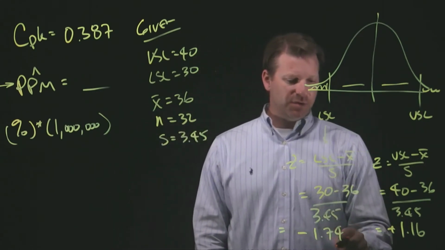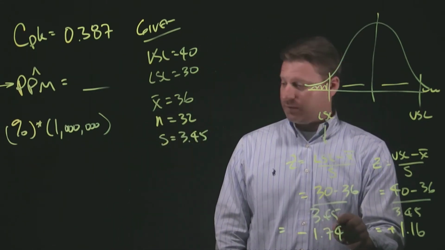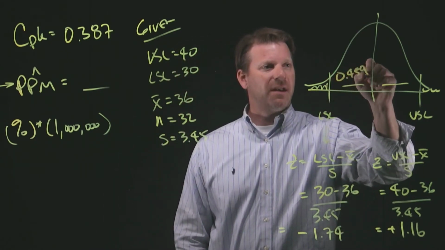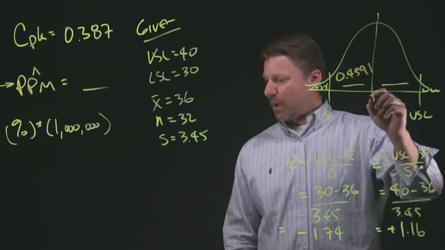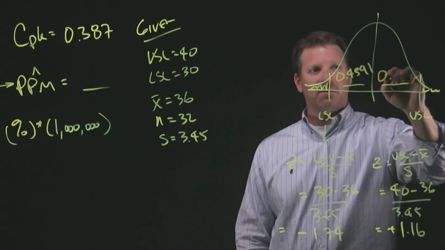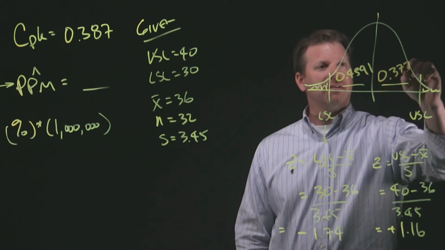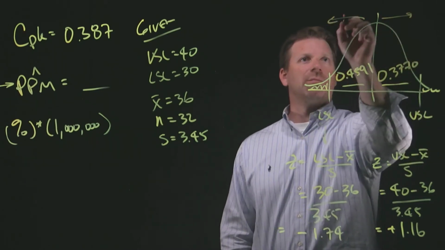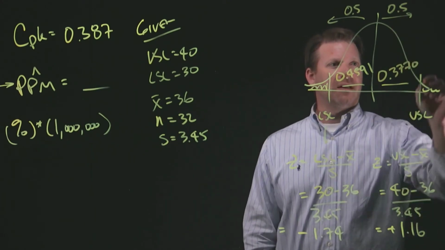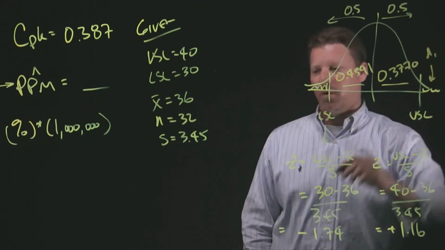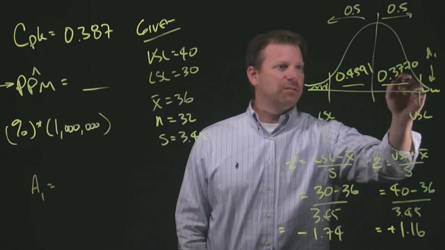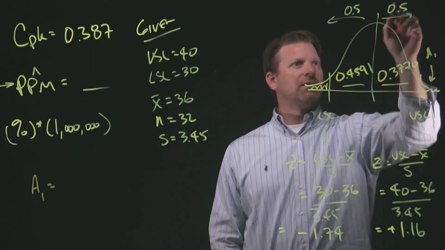So if we look at our z-distribution table for a negative 1.74 gets us to an area of 0.4591. Correspondingly, for the positive 1.16, our area ends up being 0.3770. Remember, this distribution is symmetrical. Area 1, which is the value to the extreme of this, is 0.5 minus 0.3770.